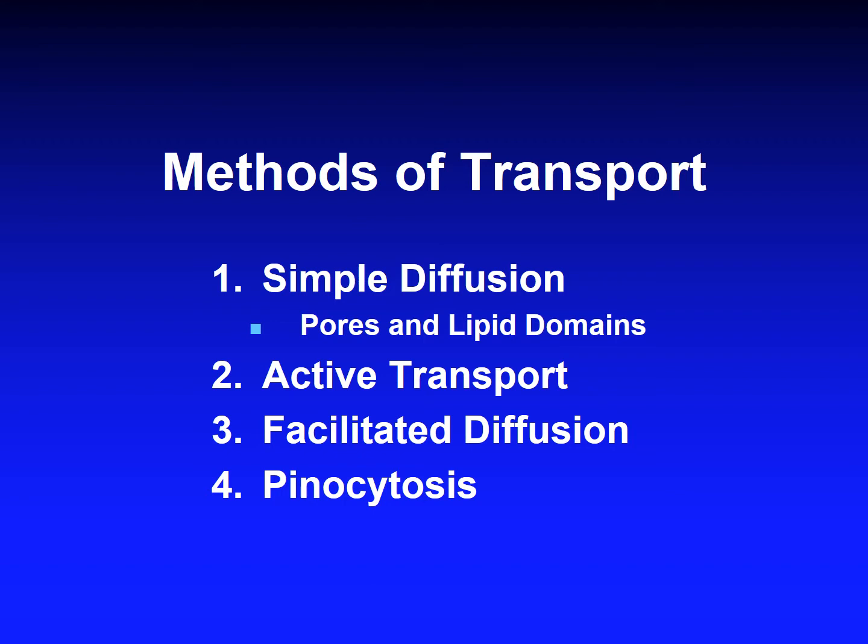We have simple diffusion, and simple diffusion is basically through the holes, if you will, the pores of lipid domains in the membrane of the enterocyte that the material or the nutrients get through. Simple diffusion, not too much energy spent, no special carriers required, etc. So it's a simple diffusion from one side to the other.